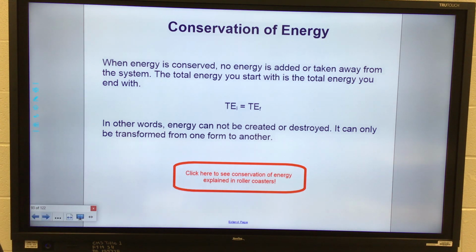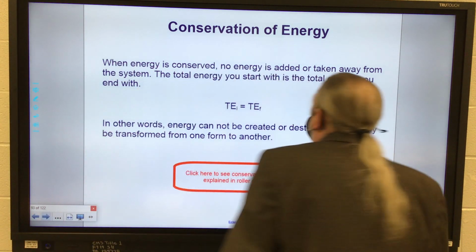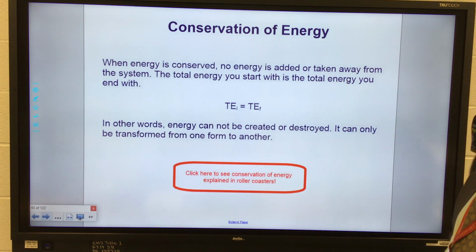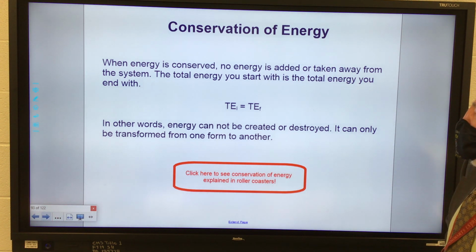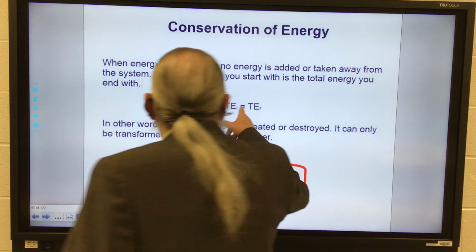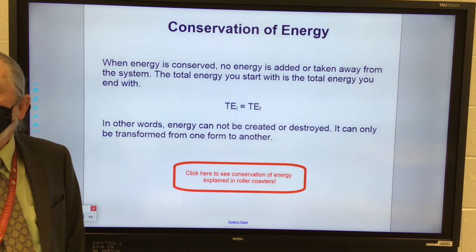So when energy is conserved, that means saved. It doesn't go anywhere. When energy is conserved, no energy is added or taken away from the system. The total energy you start with is the total energy you end with. TE i, total energy initial, is equal to TE f, total energy final.